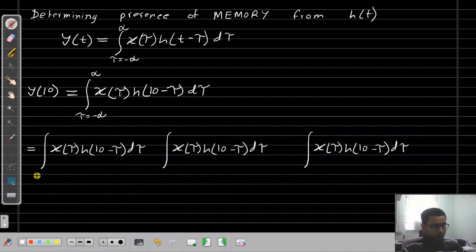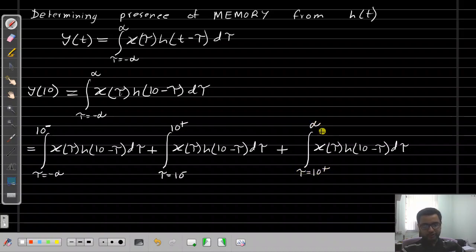One of them from the range minus infinity to a point slightly before 10, 10 minus, plus the integration within the range from 10 minus to 10 plus, so this is around near the time t equal to 10, plus the remaining part from 10 plus to infinity.